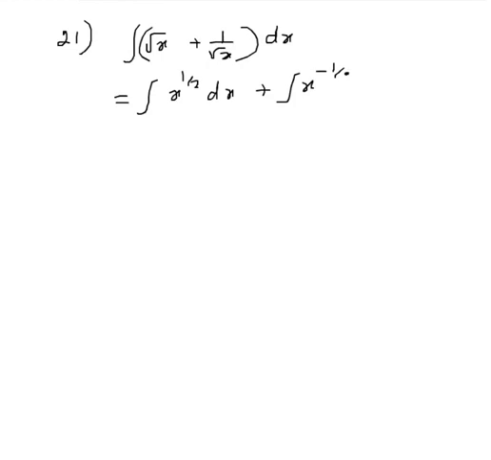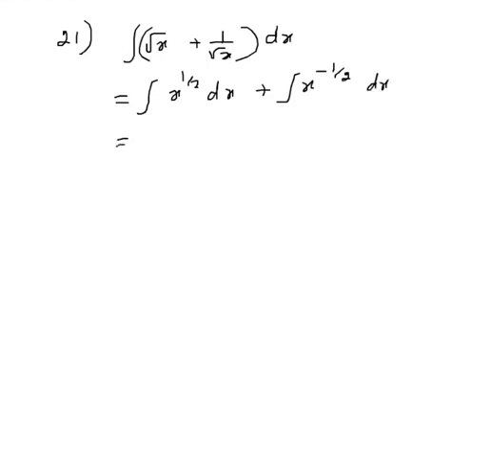Question 21. The antiderivative of, that is, we have to integrate root x plus 1 by root x dx. Root x I can write as x power half and 1 by root x can be written as x power minus half.